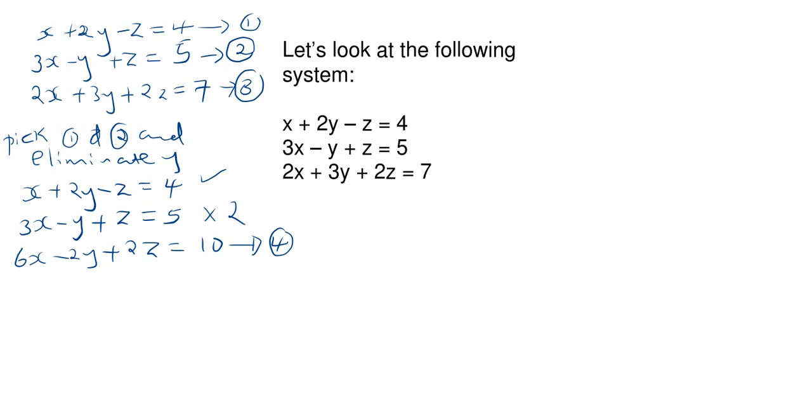Now after that, we wanted to eliminate y. So we look at what we can do to the two equations which have the same value of y to get rid of y. So you have to be keen on the operation that you are going to use.